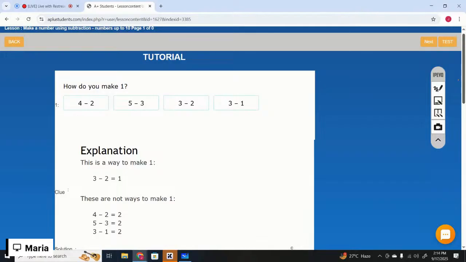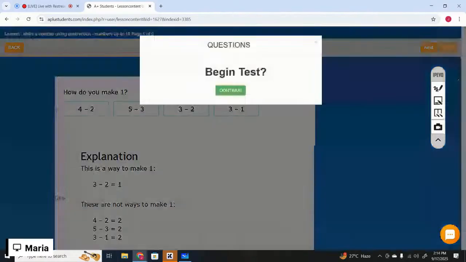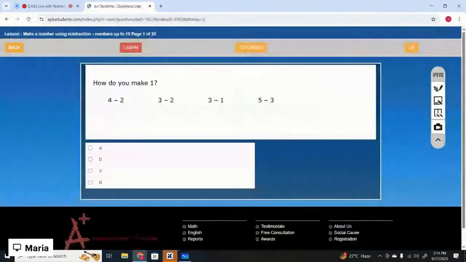Let's just start with the test questions. How do you make 1? So let's see which option makes 1, right? That is option number 2, 3 take away 2 makes 1. Option B is the correct option.